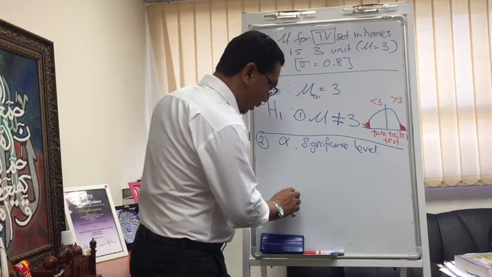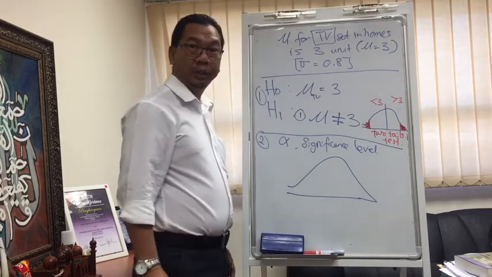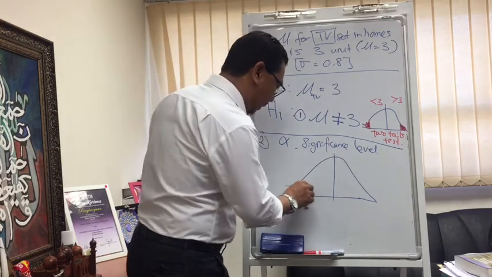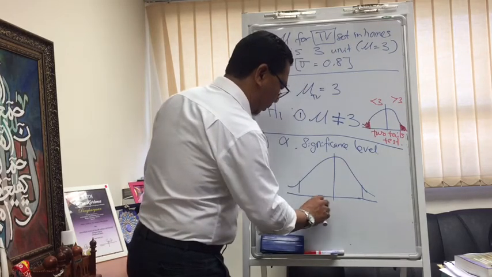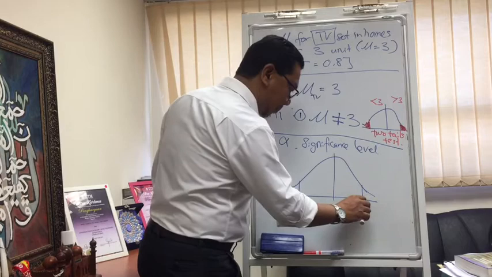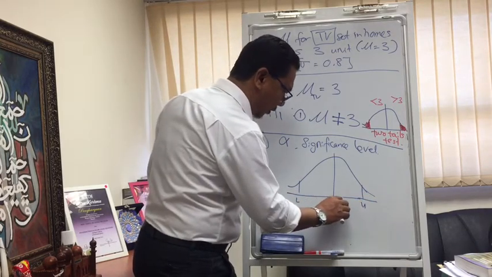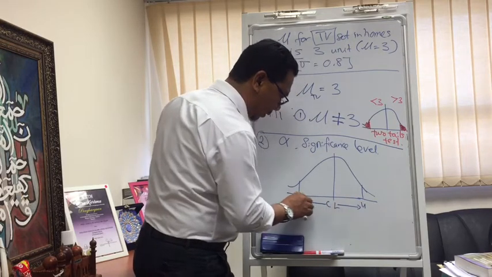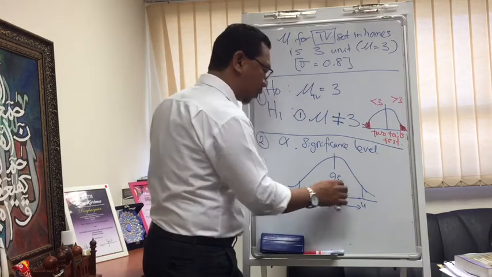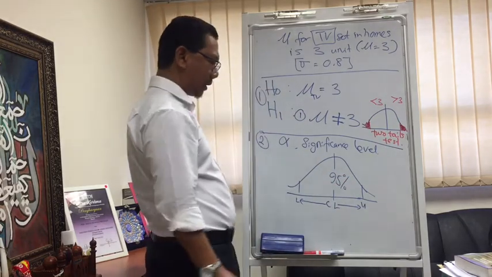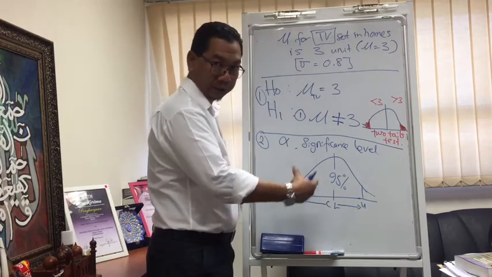Remember, previously we have learned the confidence level. Here we have the confidence interval. This is the upper value, this is the lower value. Here is the confidence level. With a 95% confidence level, for example, we will get the lower value and the upper value of the interval.